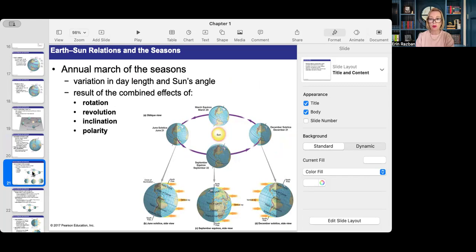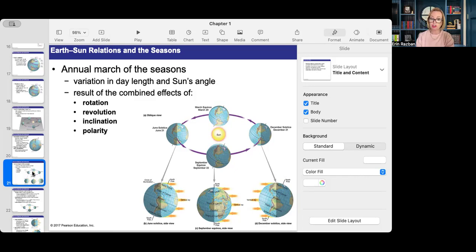This gives the northern hemisphere its longest days and most direct sunlight, resulting in summertime conditions in the northern hemisphere. Meanwhile, the southern hemisphere experiences winter.